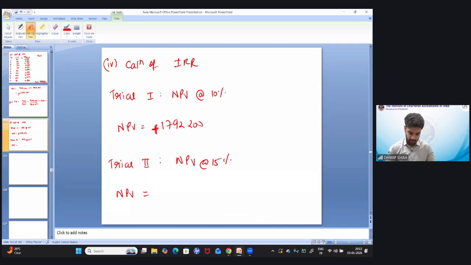I am also calculating, you also calculate. कितना आ रहा है?